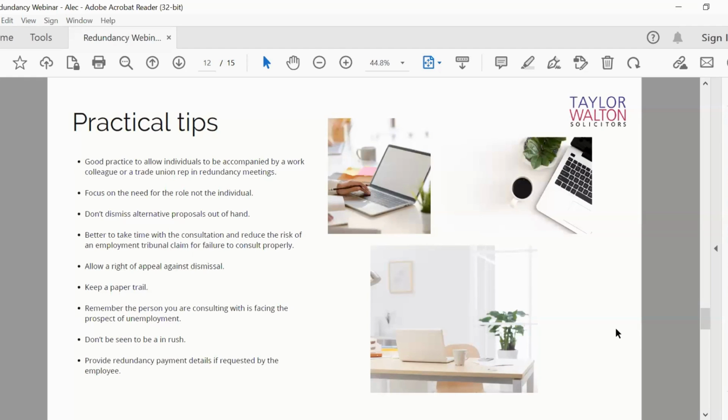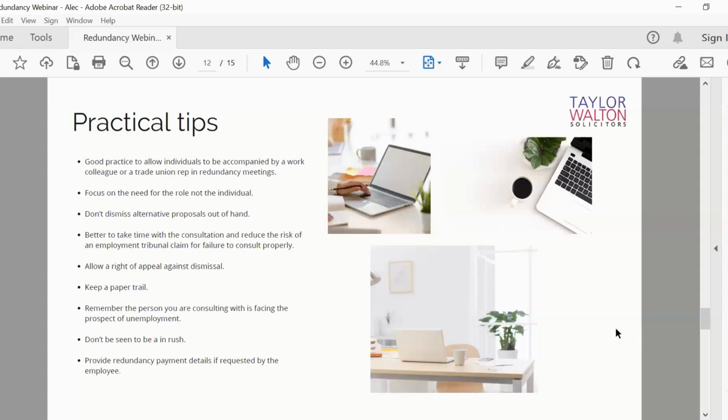That's clearly not meaningful consultation, and this is an area where tribunals will look very carefully to see that there has been proper consultation. So take your time, think it through, be seen to be reasonable, and that you have given it some thought.